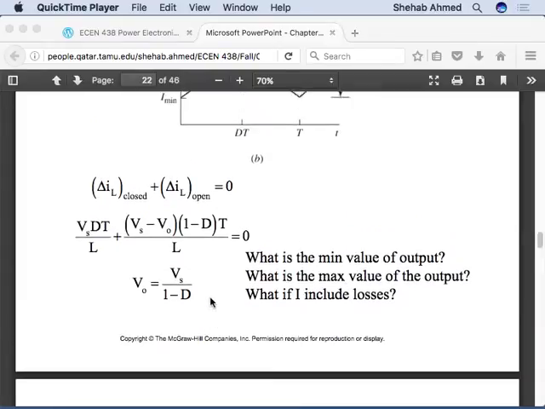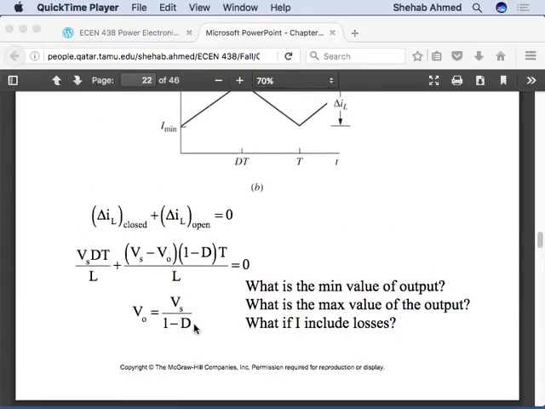The other extreme is when D is equal to 1. When D is equal to 1, what is the output? Infinite, right? And that's what we said initially. Theoretically speaking, if I keep the switch on for a long period of time, and I assume my source has an infinite amount of current capability, then if I put a short circuit across that source I will have infinite current flowing through this inductor.